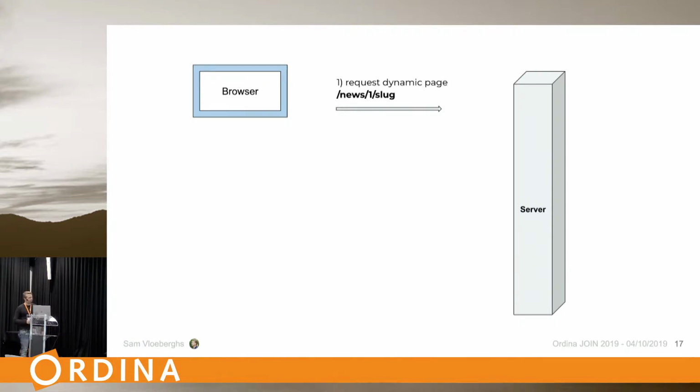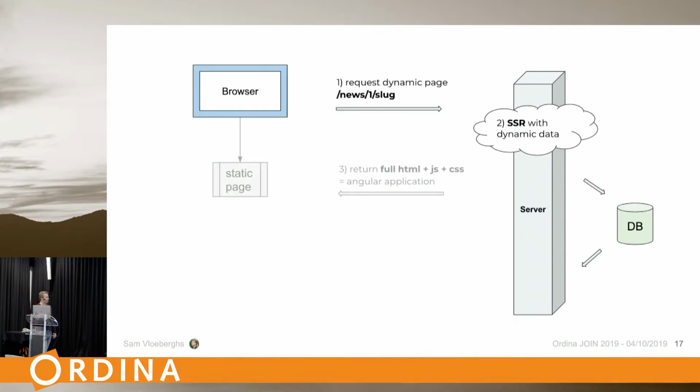So our browser requests a dynamic page, for example, a news detail page. The server talks to the database, gets some data, and server-side renders this page with that dynamic data. The server returns the full HTML, CSS, and JavaScript that form our Angular application to the browser. At that point, it's still a static page. It's just HTML, CSS, JavaScript.